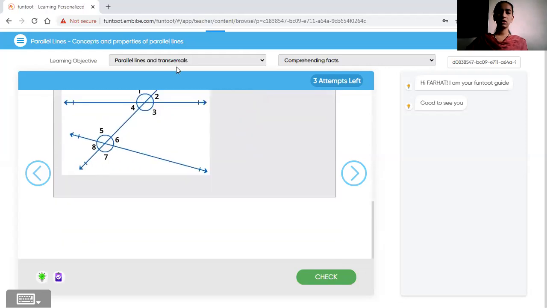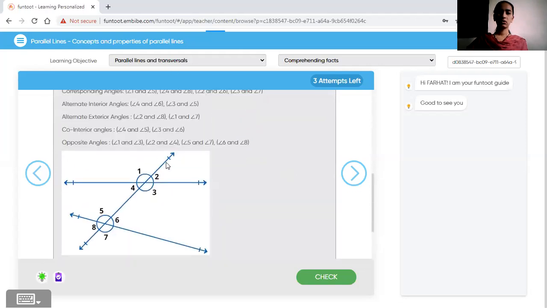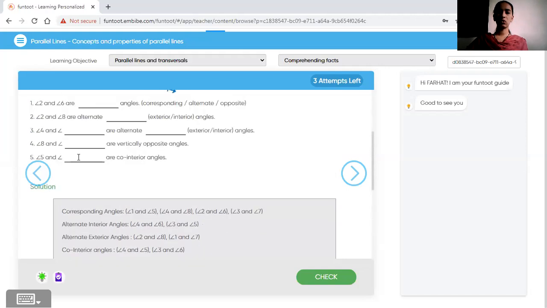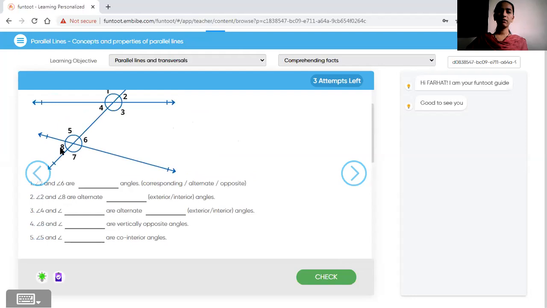See this figure, so the answer for that will be 4 and 6, alternate and interior. Now angle 8 and dash are vertically opposite angles. Now 8 with 6 are vertically opposite. You can see this here and this. So the fill-up will be 6.